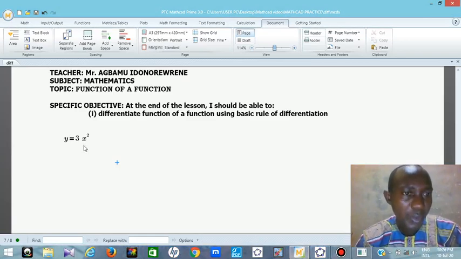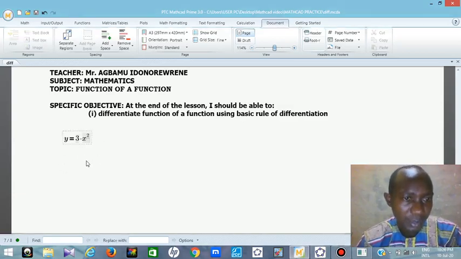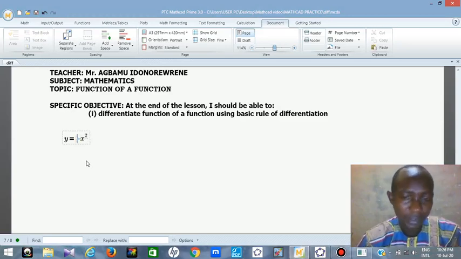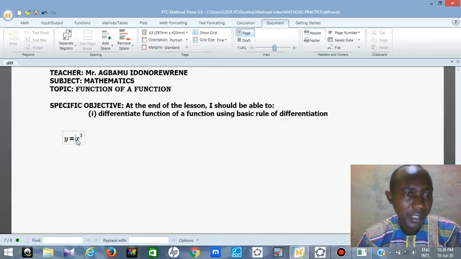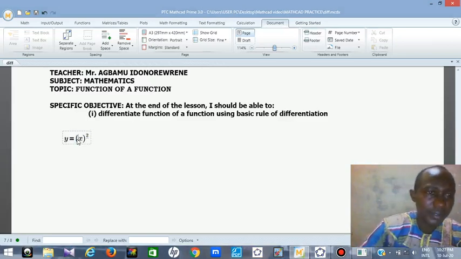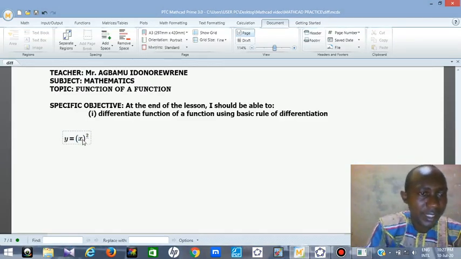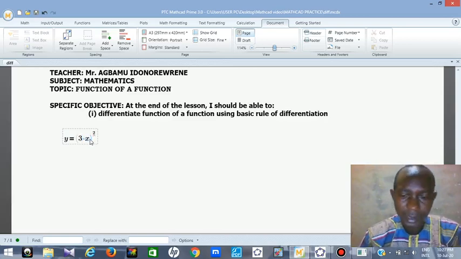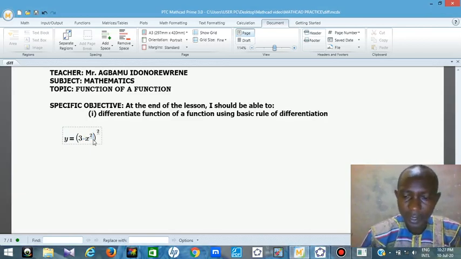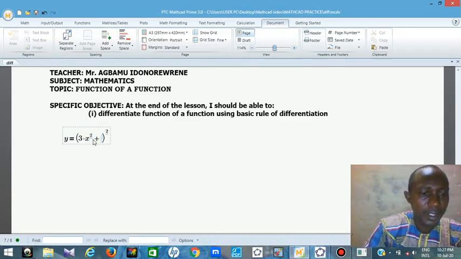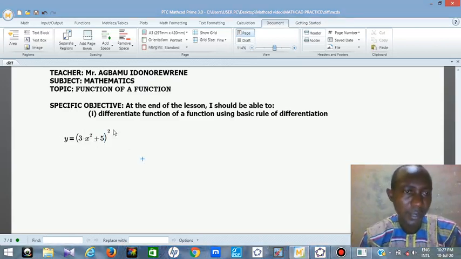Now, assuming you have a situation like this, 3x squared is a function. Let's open a bracket: 3x raised to power 2 is inside the bracket, plus 5, then the whole bracket raised to power 2.